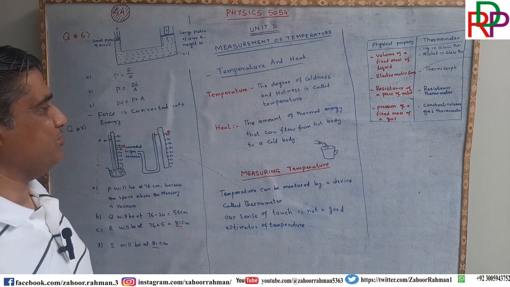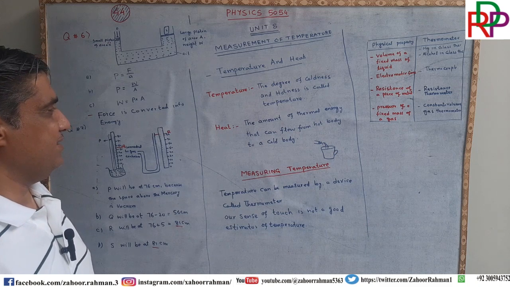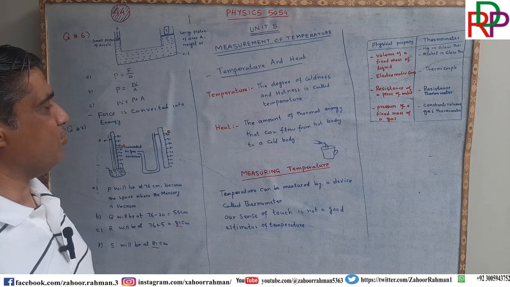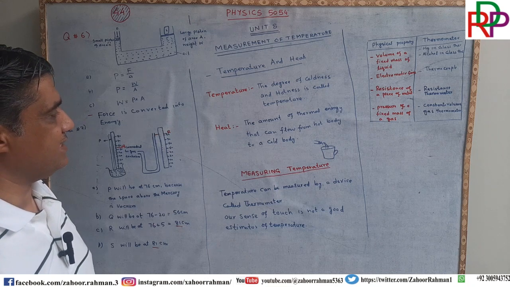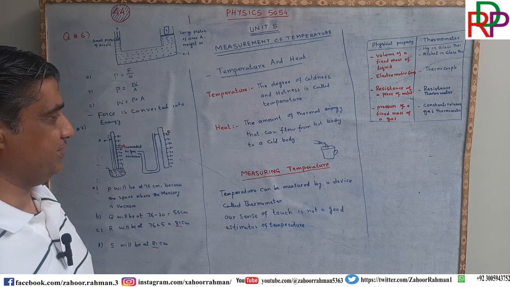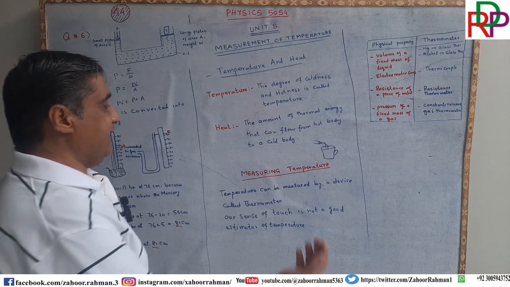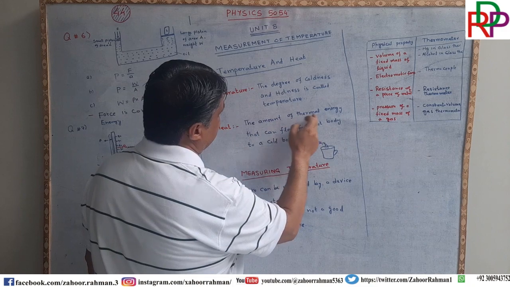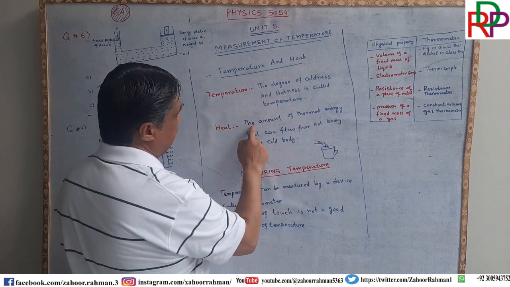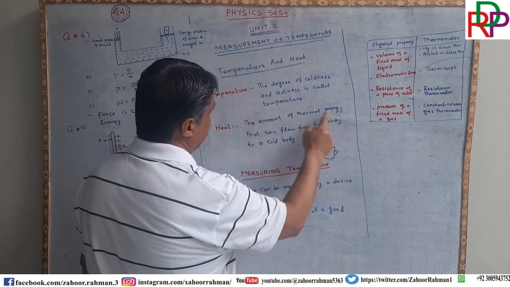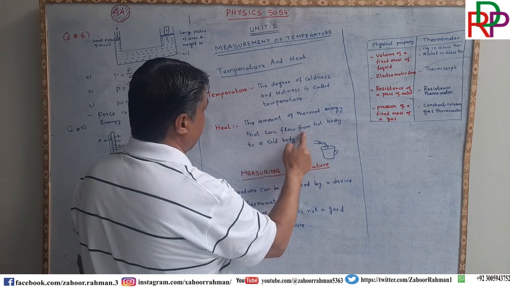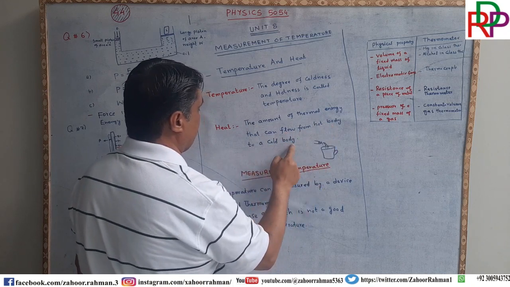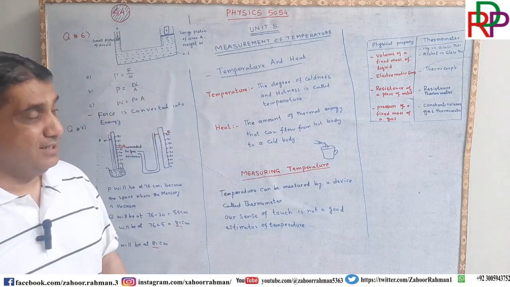Instead of degree, you can use the word measurement. Here I am writing the amount of thermal energy. This is the definition of heat. The amount of thermal energy that can flow from a hot body to a cold body is called heat.